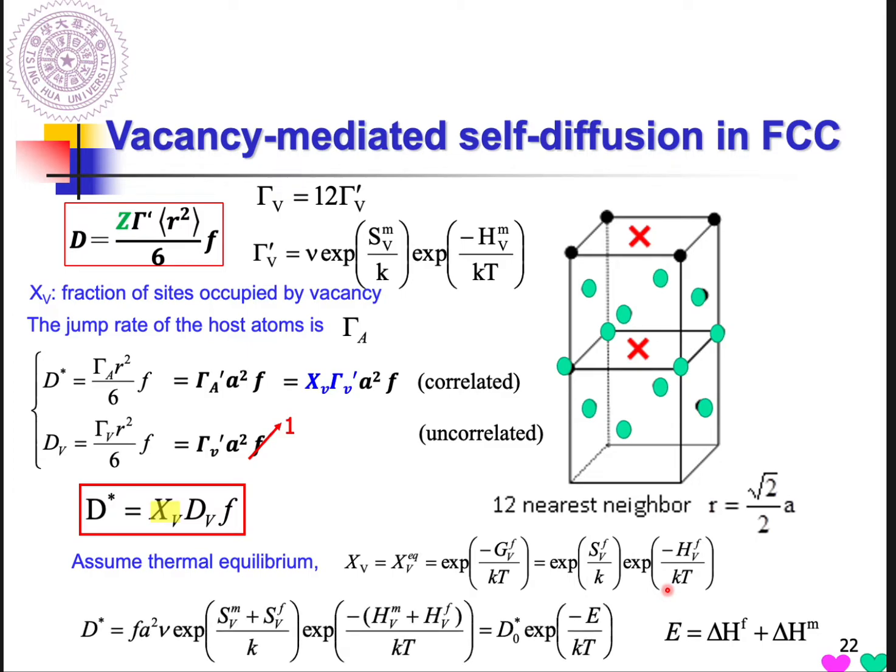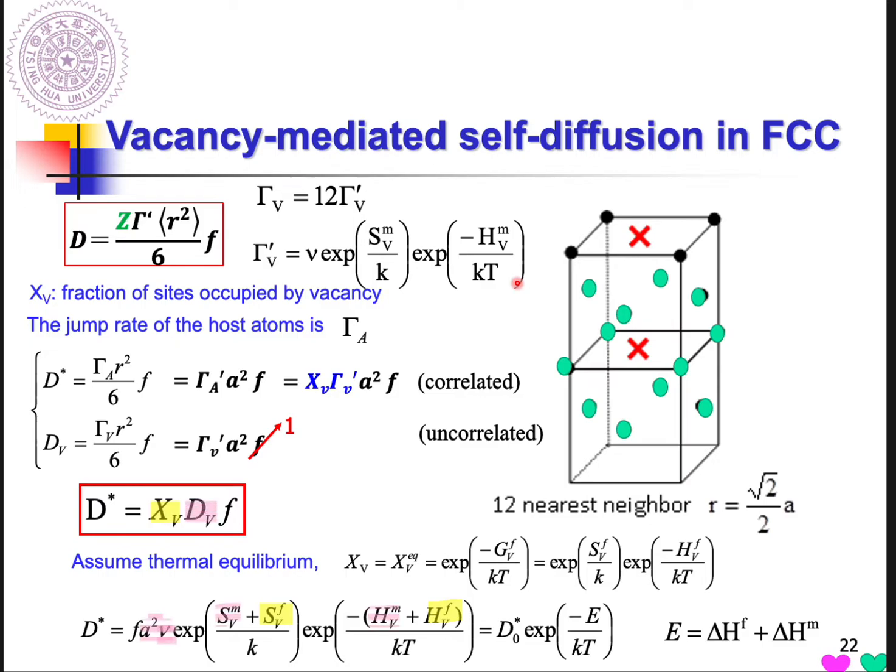So you can rewrite the self-diffusivity as XV dV. What's next is dV, right? dV is gamma V prime a square. Gamma V prime is the vacancy jump rate, which can be expressed as the vibration frequency times the probability of crossing the energy barrier.